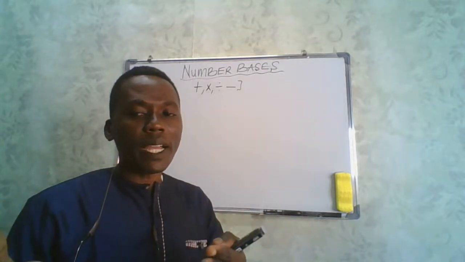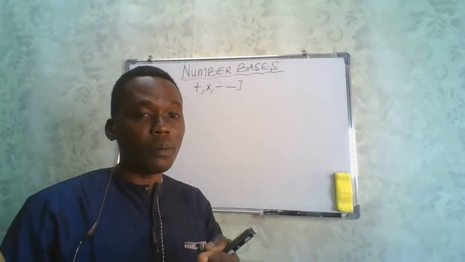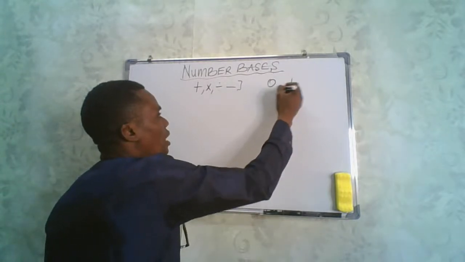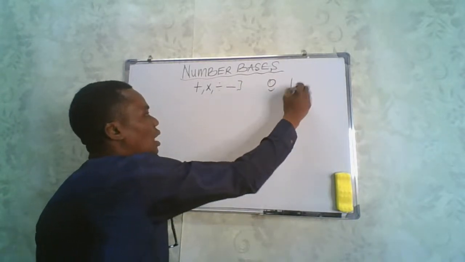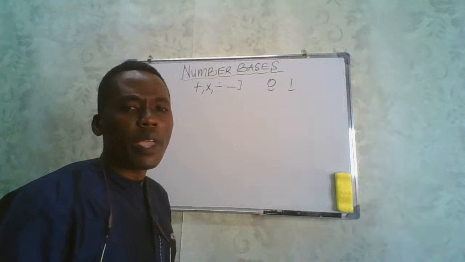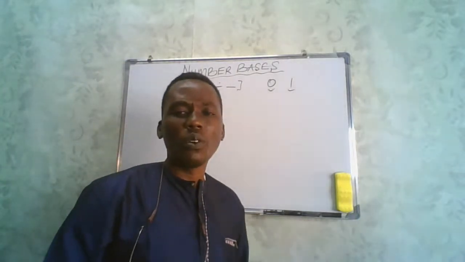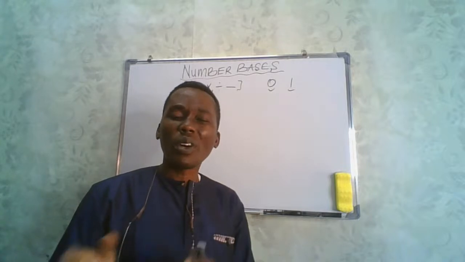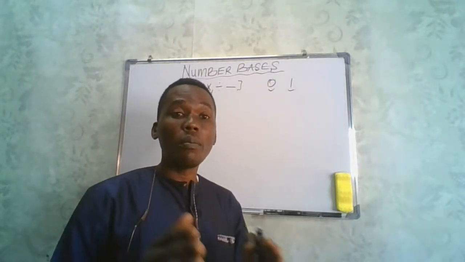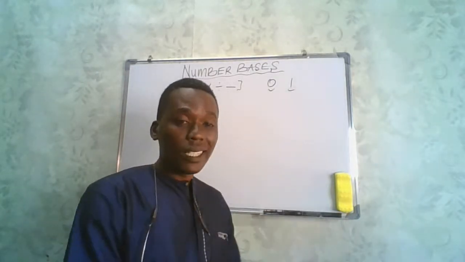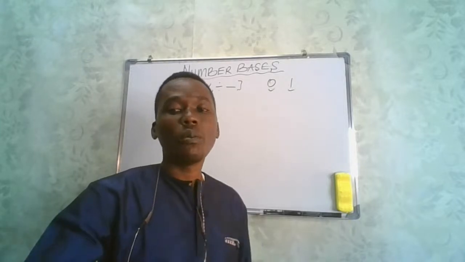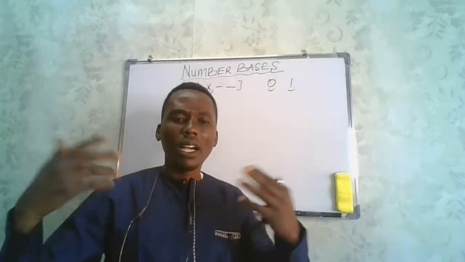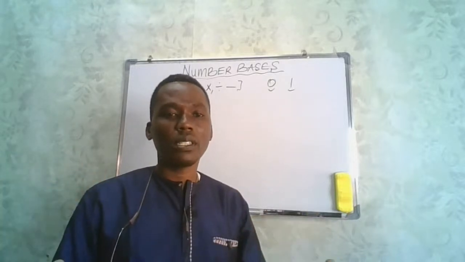Binary numbers are computer numbers, and those are numbers made up of zeros and ones. Number bases comprise the decimal number, the binary number, the octal number, which is in base 8, and so many other bases.